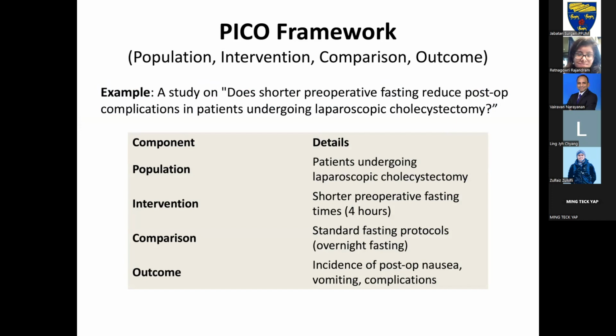What is the population? The population is patients undergoing laparoscopic cholecystectomy. What is the intervention? The intervention could be shorter preoperative fasting times, or it could be robotic surgery or something like that. Sorry, and what is the comparator? Again, comparator in this case is standard fasting protocols. The outcome is incidence of post-op nausea, vomiting complications.